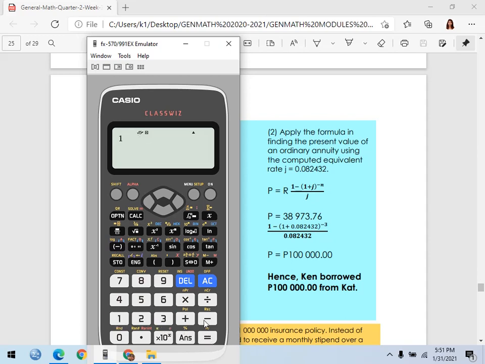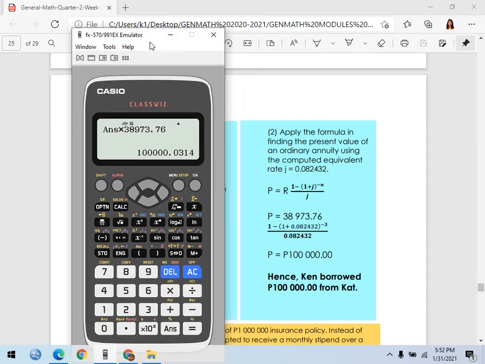And then 1 minus the answer, divided by 0.082432, then times 38,973.76. Okay, so therefore we have 100,000 pesos. So therefore, Ken borrowed 100,000 from Kat.